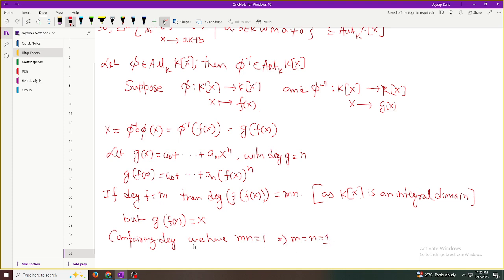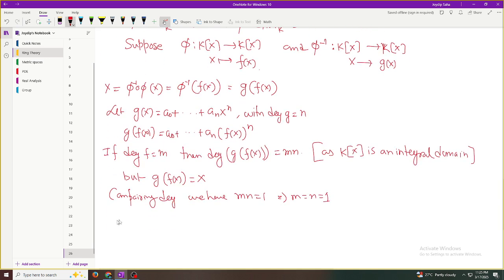So f(x) is linear, equal to ax plus b, where a is not equal to 0. If a were 0, then the degree would be 0, but the degree is 1. Therefore phi equals phi_{ab} and that belongs to sigma.